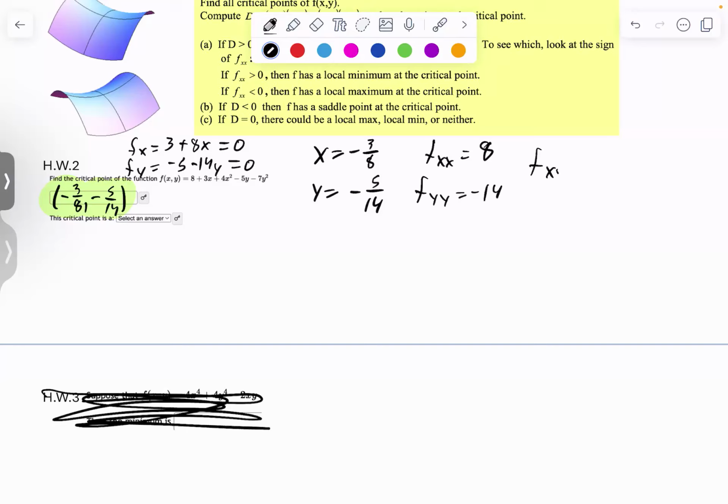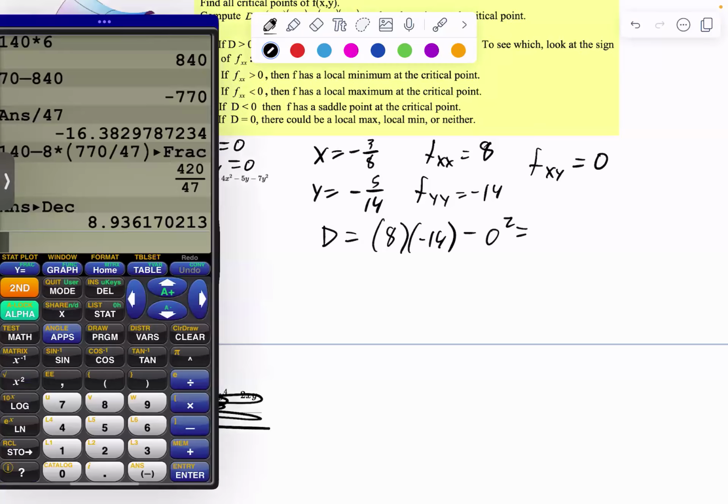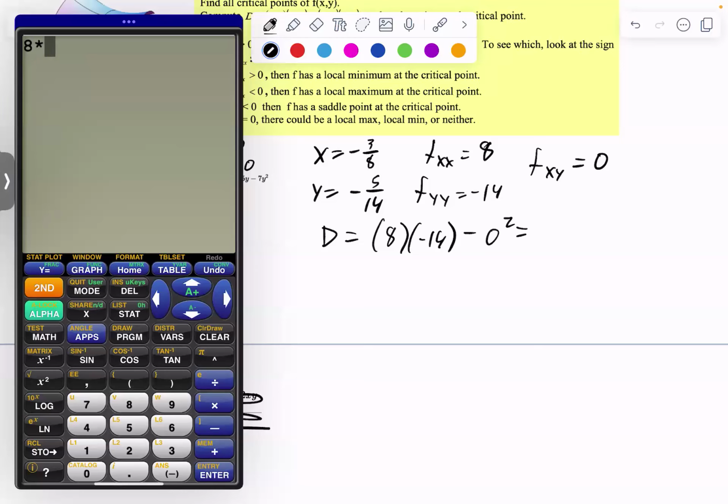And f sub xy: if I take the derivative of f sub x, which is 3 plus 8x, with respect to y, that goes to 0. So D in this case becomes 8 times negative 14 minus 0 squared. That gives me 8 times 14, so negative 112, which is obviously less than 0.